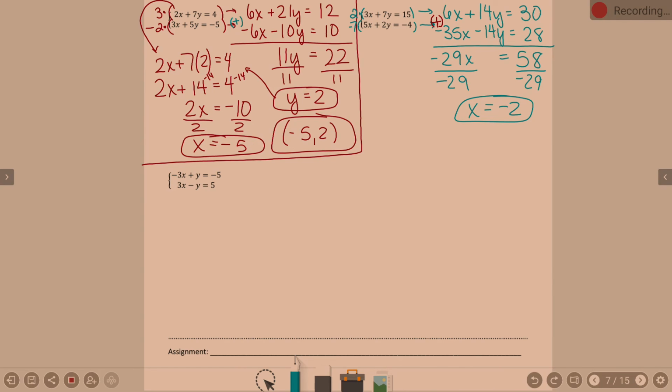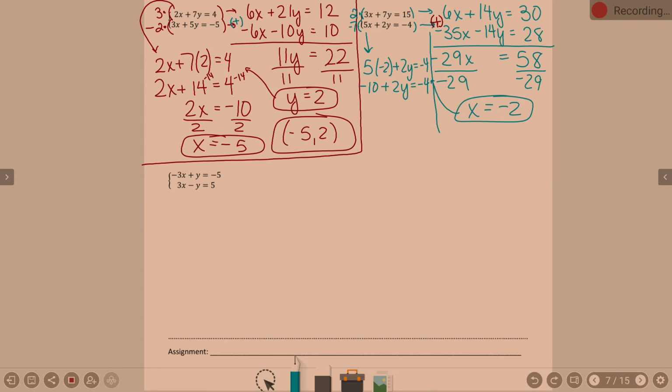Pick an equation and fill it in. I'm going to use the bottom one because I can. If you want to use the top one, use the top one. So I'm going to say 5x, so 5 times negative 2, plus 2y equals negative 4. Negative 10 plus 2y equals negative 4.